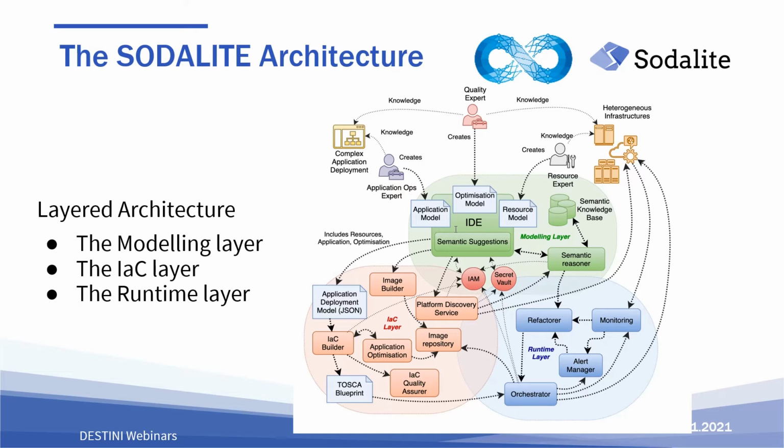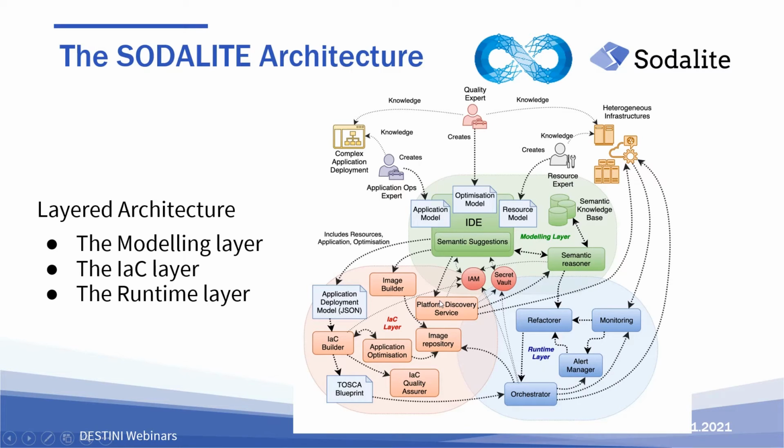This is the Sodalite architecture, which consists of three key layers. First layer is the modeling layer. This layer consists of an IDE and a knowledge base that contain all the information about resources and resource models and also application models. And domain experts can populate this knowledge base.